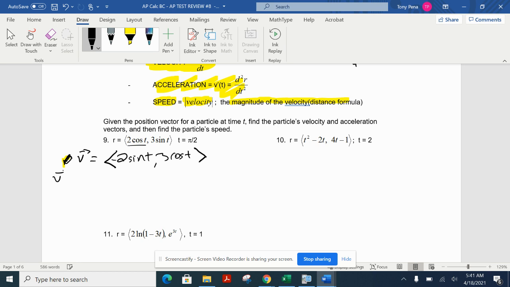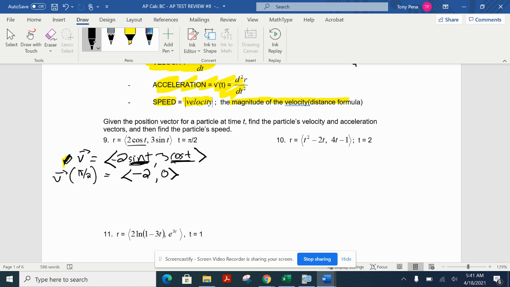But then we want to find our velocity vector at pi over 2. So plug in pi over 2 for each of these. The y coordinate at pi over 2 is a 1, so this would become a negative 2. The x coordinate at pi over 2 is a 0, so that's our velocity vector at that time.